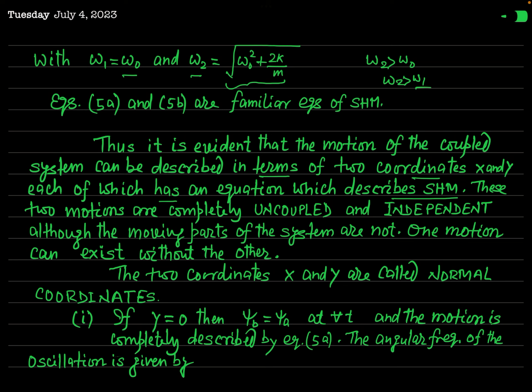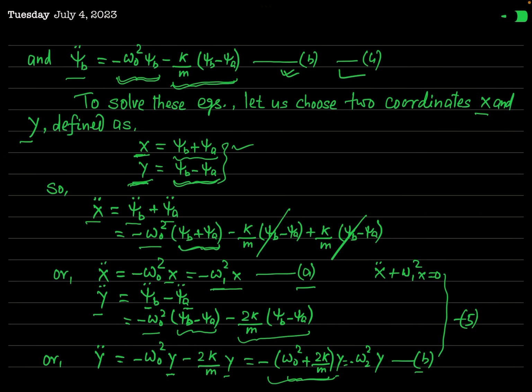Okay. These two motions are completely uncoupled, because you can see now in equation 5a, x double dot is proportional to minus x and it is independent of y. And in equation number 5b, y double dot is proportional to minus y and it is independent of x.